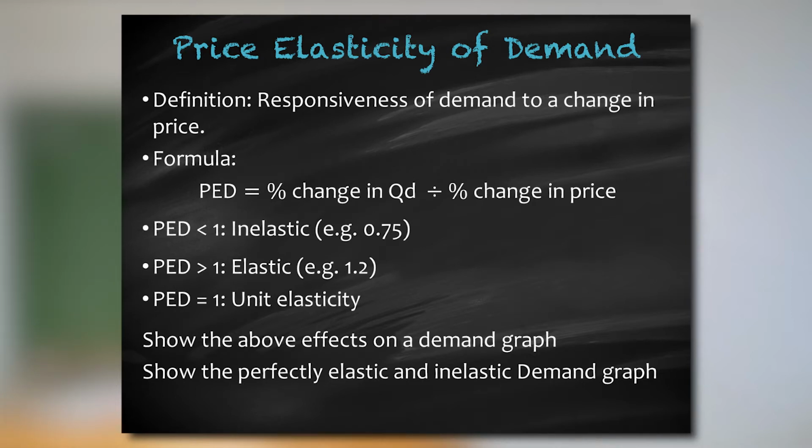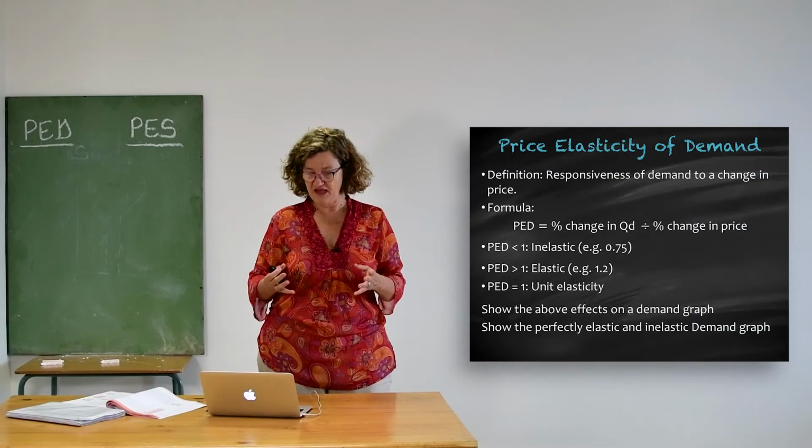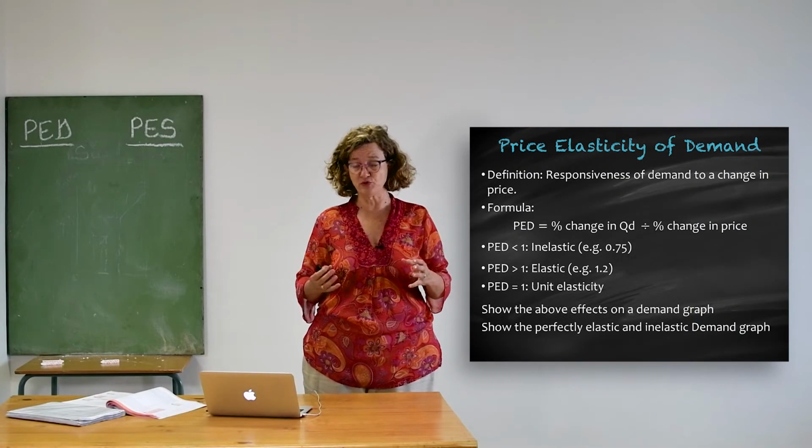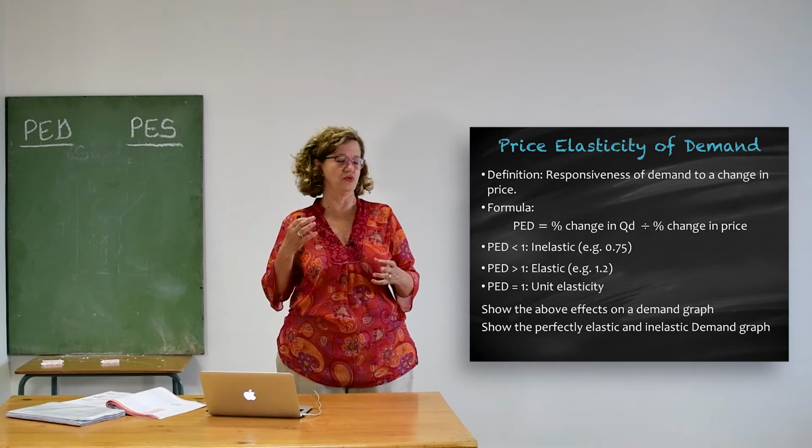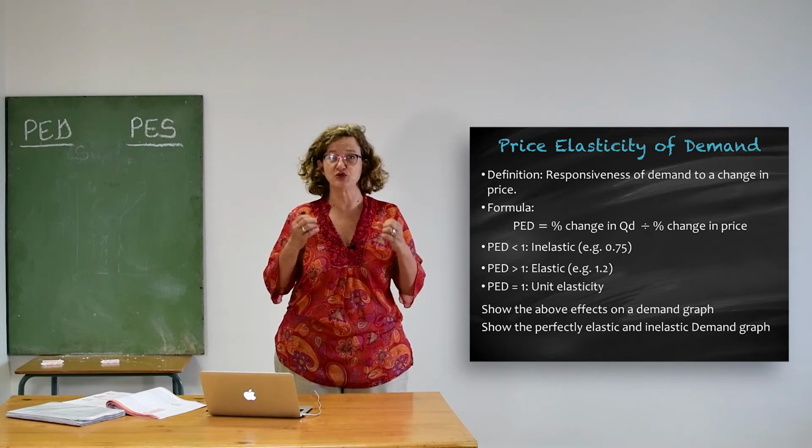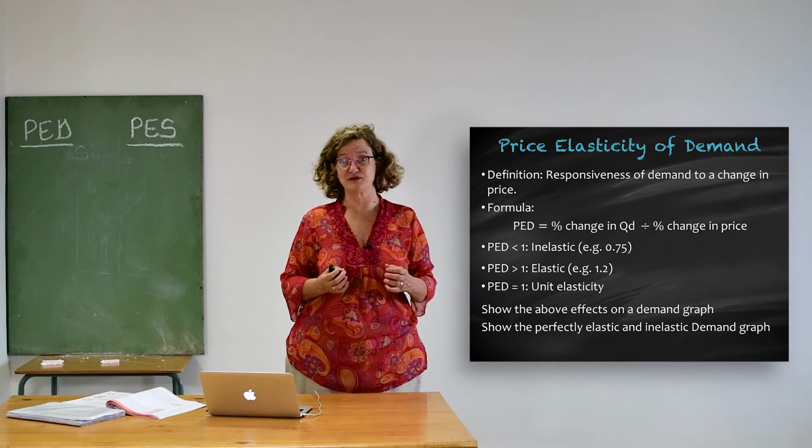If the answer that you get is smaller than 1, say for example, like on your PowerPoint, 0.75, then it means it's smaller than 1. Then for such a product, we will say it is inelastic. It is not very responsive to a change in price. And if your answer is more than 1, say 1.2 or 2.1, then you will say this is an elastic product.